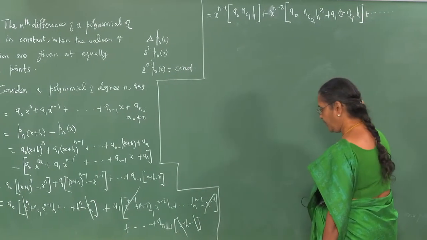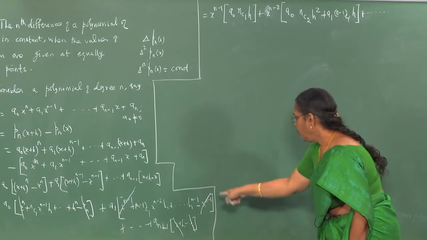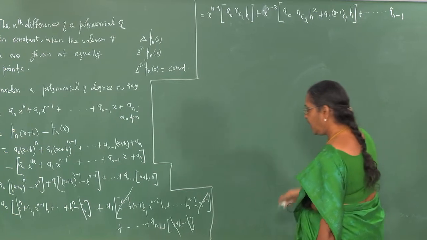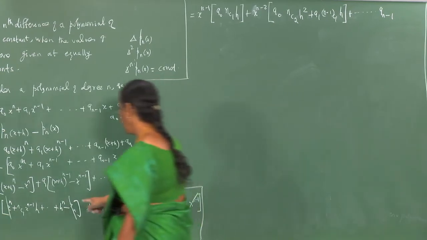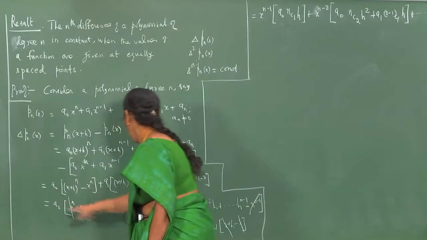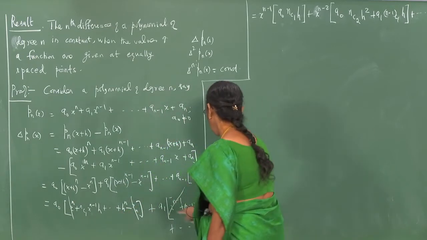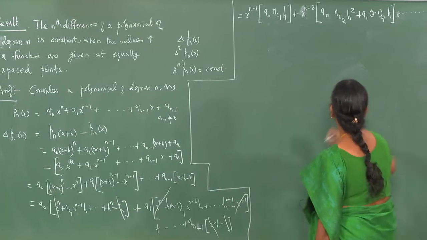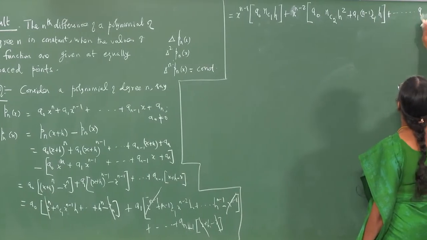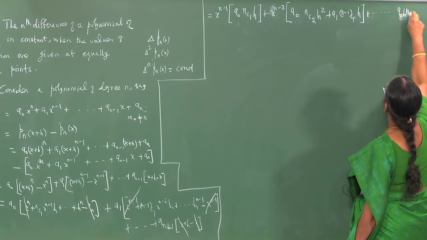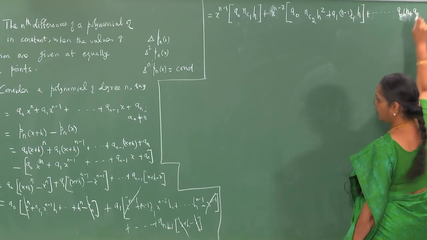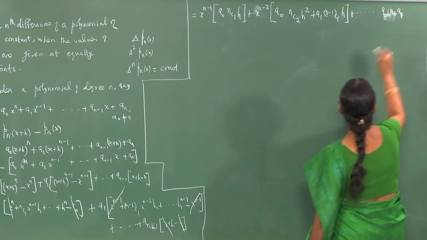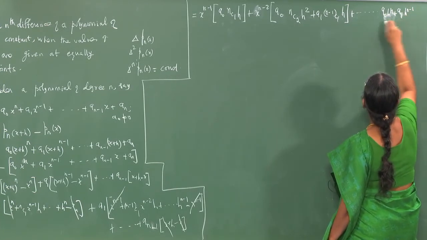So, continuing this way, you end up with the last term, which is the constant term, which comes from a naught into h to the power of n plus a1 into h to the power of n minus 1 and so on.